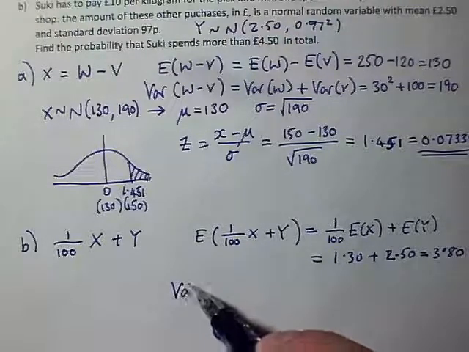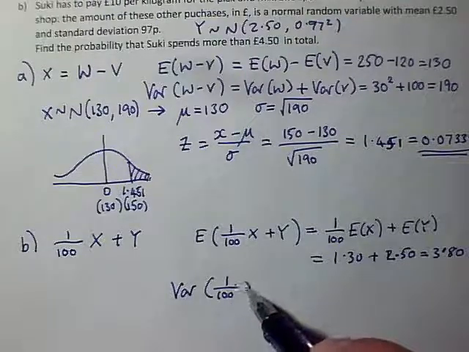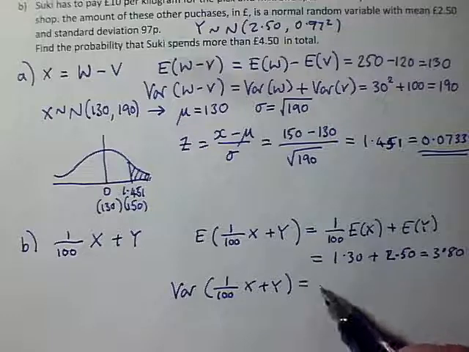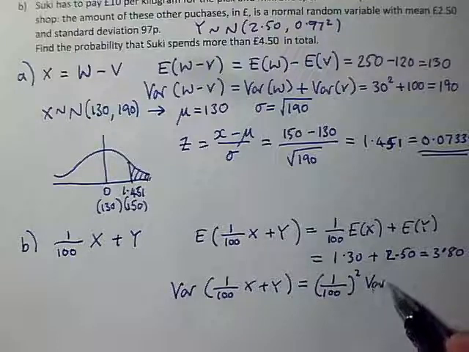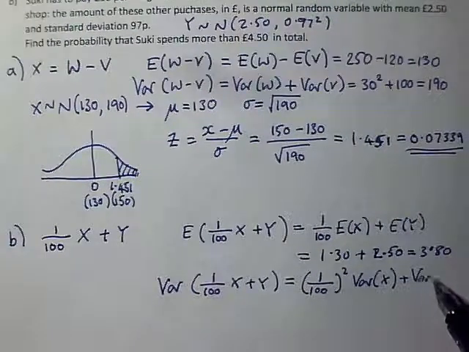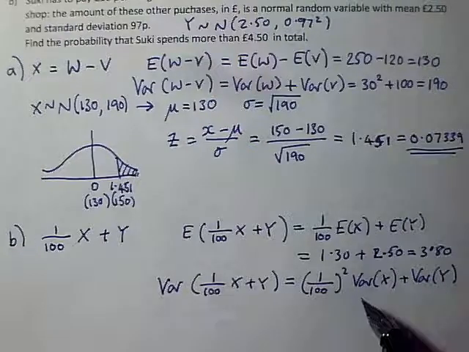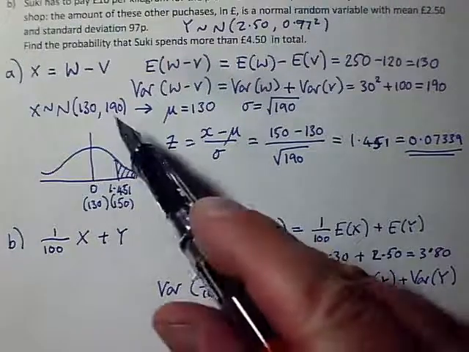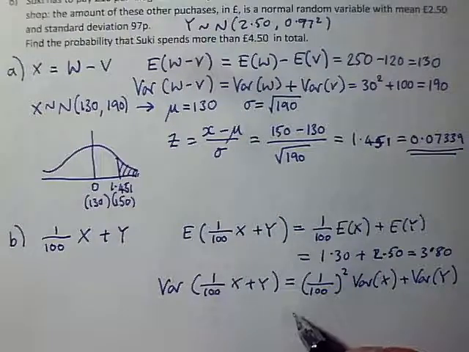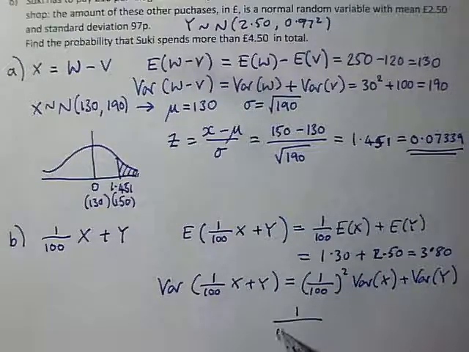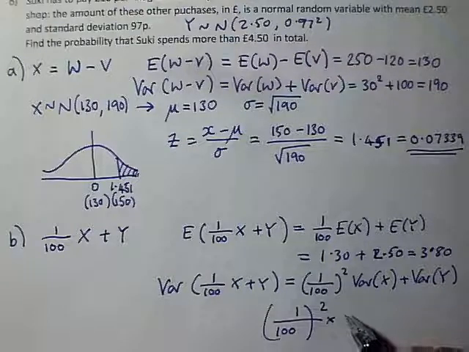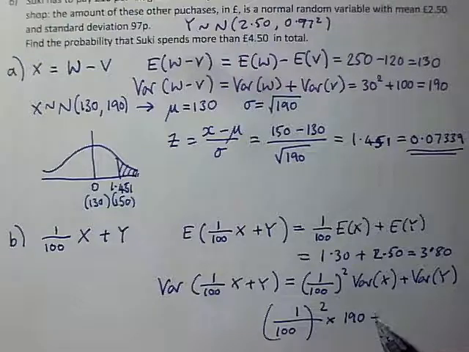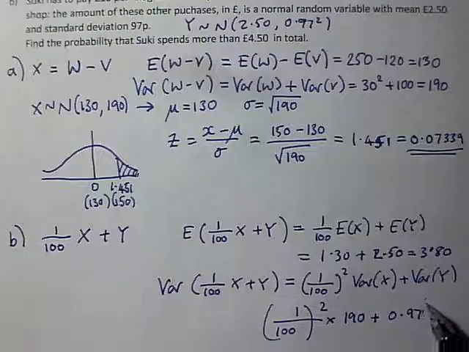Now the variance of 1 over 100 X plus Y, I have to remember that I have to do 1 over 100 squared times the variance of X, and then I add on the variance of Y. So the variance of X was 190, so I need to do 1 over 100 squared times the 190, and I need to add on the 0.97 squared.